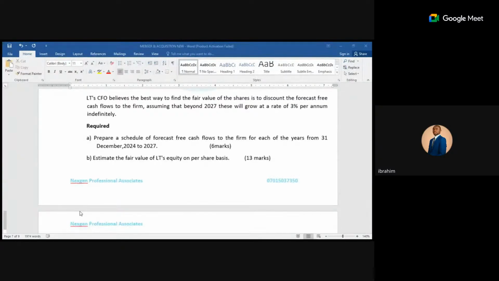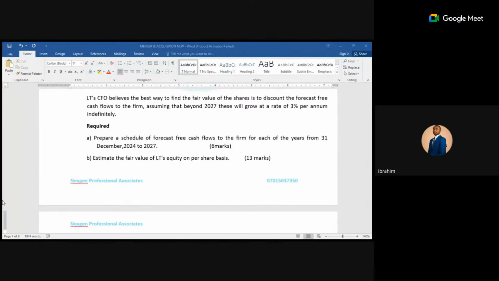So if Toib wants to acquire Abbas Limited, Toib may decide that it will be on share for share, meaning that for every 3 shares in Abbas, I will give 2 shares.